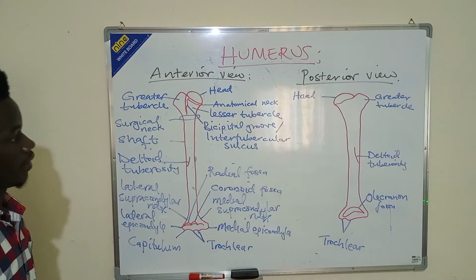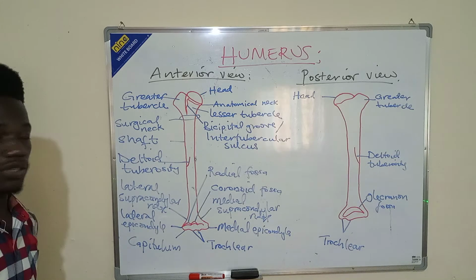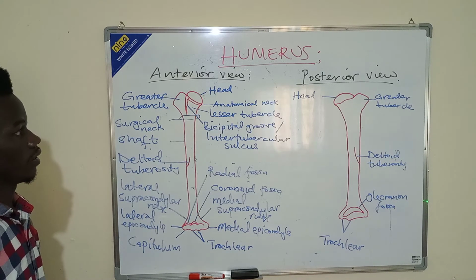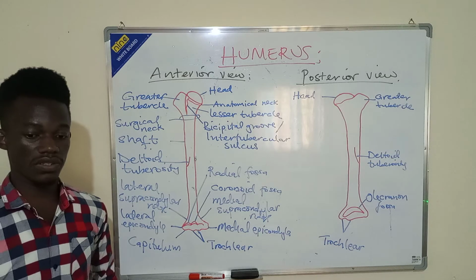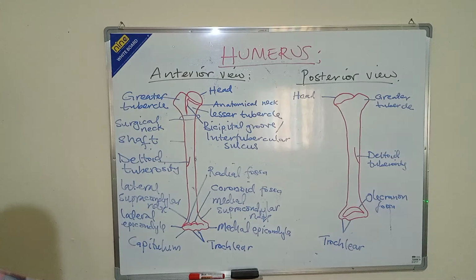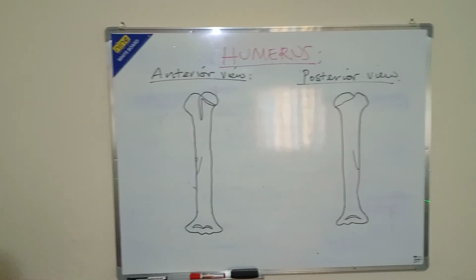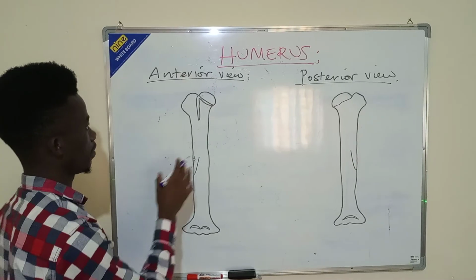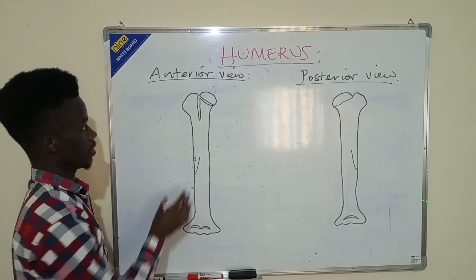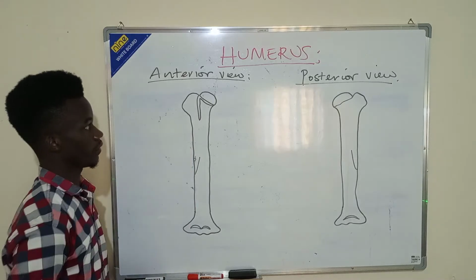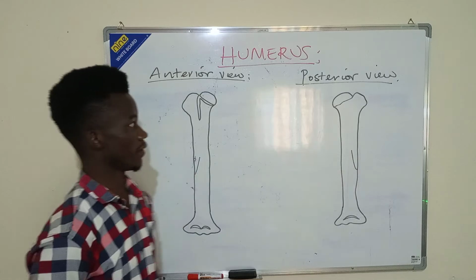So now, I think in the next minute we can look at muscles that attach onto this bone, and we see specifically which muscles originate and which muscles insert onto this bone. So we look at muscles that we can see from the anterior view, and then muscles that attach on the posterior view.